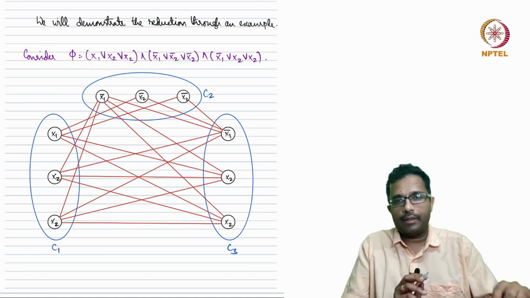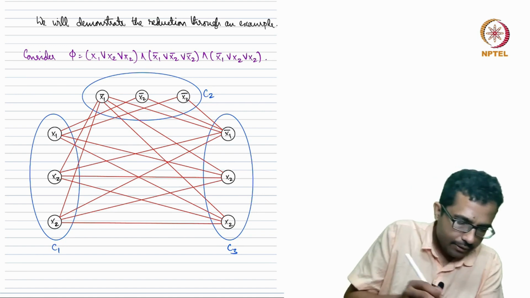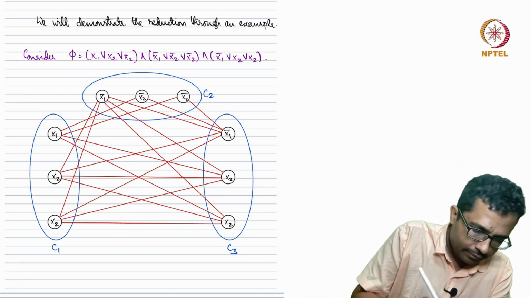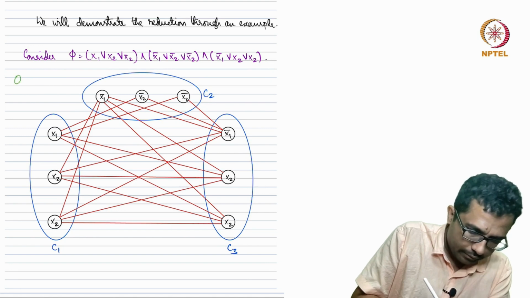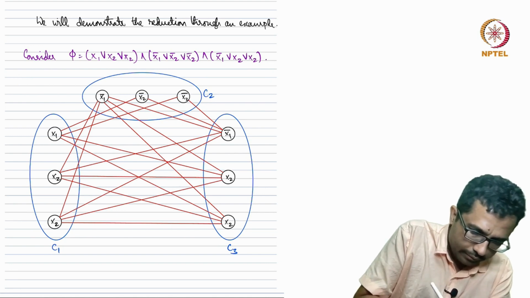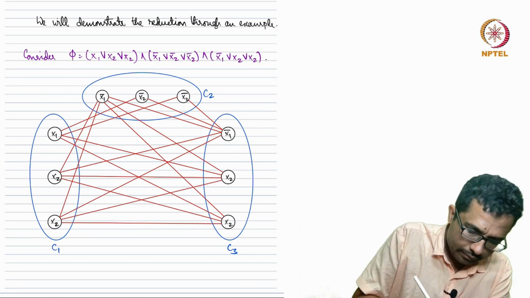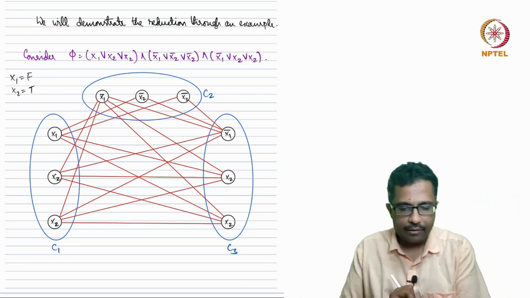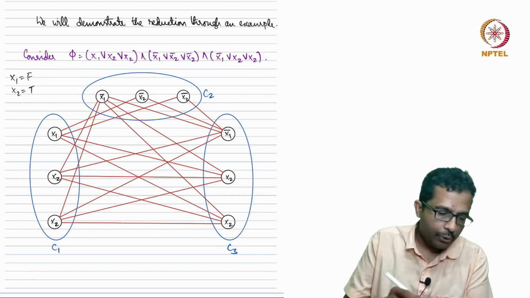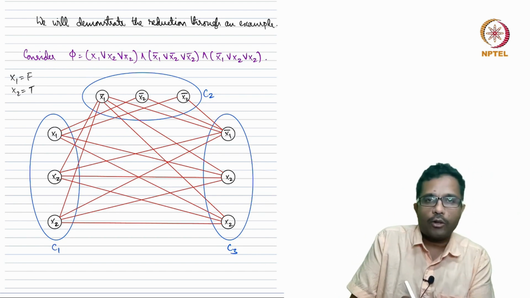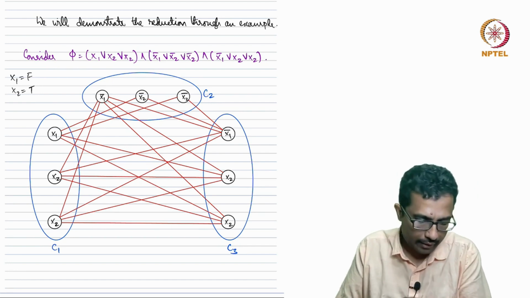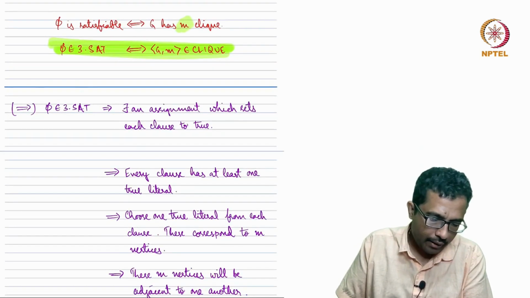So this is satisfiable: x1 equal to false and x2 equal to true is a satisfying assignment. x2 equal to true satisfies the first and third clauses. x1 equal to false satisfies the second clause, right?